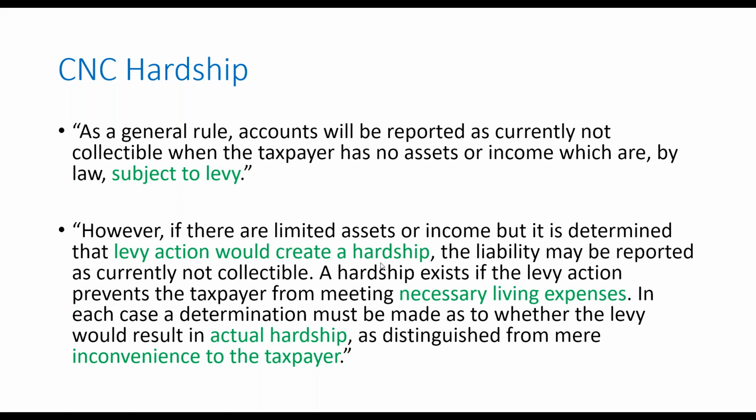And this is what the numbers break out to applying the current collection financial standards, okay? Levying that asset would create a hardship. Therefore, put the taxpayer into CNC. Bam, done, okay? Even though they have the asset.